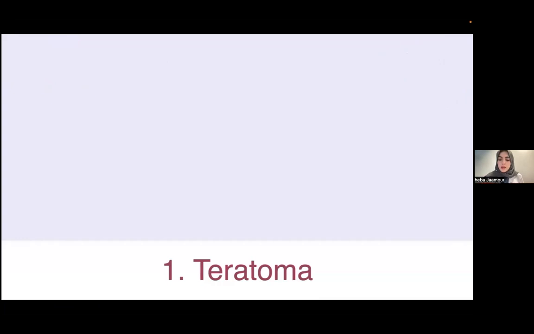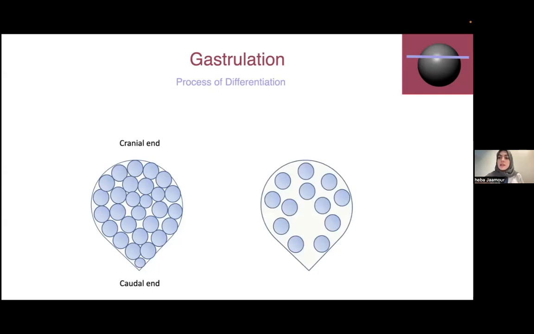Now let's review. Remember gastrulation, we talked about the WNT gene and what it does. You get the compact ball of cells with a cranial and a caudal end, and what the WNT gene does is four things. The very first is that it separates this compact ball of cells into a looser one, okay?